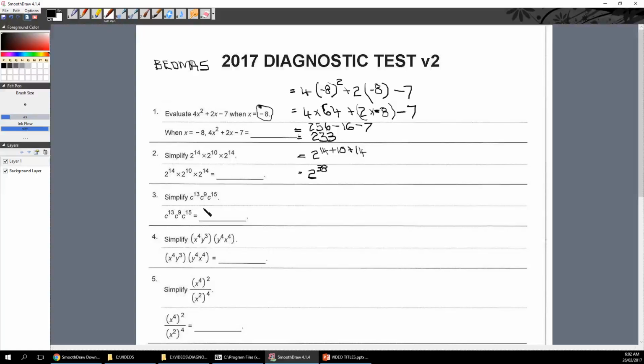Okay, now these ones here, this is pretty much the same deal here, except the base in this one is 2. The 2 is the base, and the 10 is the indices. So this is like a 2-for-1 deal once you get this one done. So that's c to the power of 13 plus 9 plus 15.